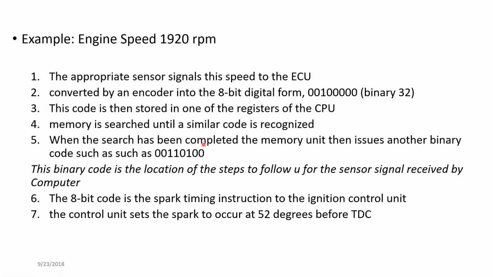Then this code is sent to the ignition timing module, then to the ignition control module. The ignition control module then sets 50 degrees before TDC. So this is what happens. Then the ignition control system takes over and tries to advance little by little in order to maintain the engine.